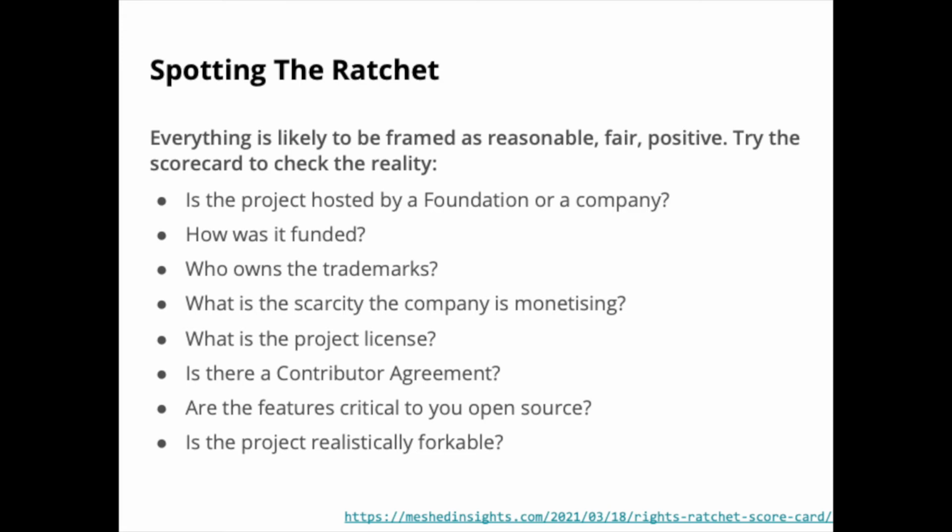It's very important to look at who owns the trademarks in the project. One of the things a VC will be looking for will be monetizable assets for the company it's invested in. So they'll be asking the company to file trademarks, to file patents, to have a corpus of exclusively owned copyright, because all of those increase the value either when the company exits or in the event that the company tanks.